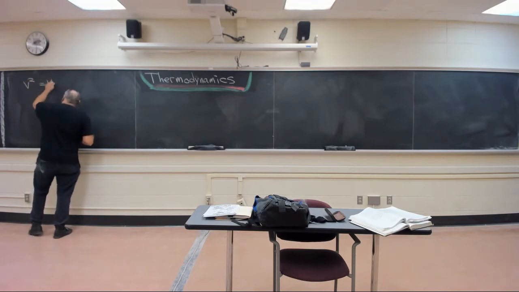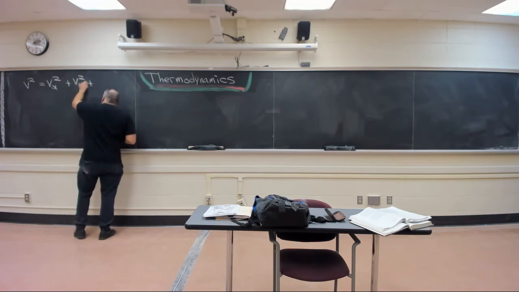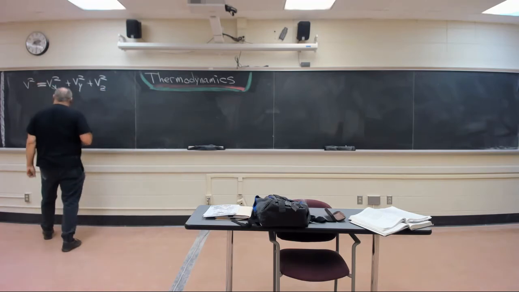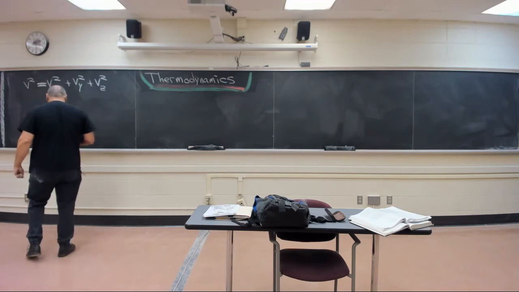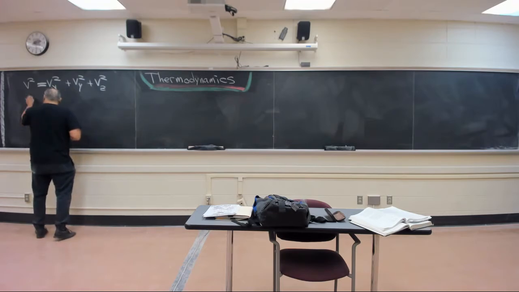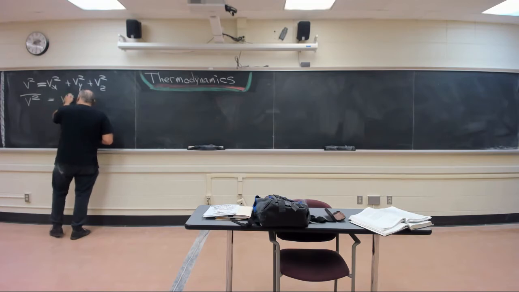For any given particle, the magnitude of the x component of its velocity squared, plus the magnitude of the y component of its velocity squared, plus the magnitude of the z component of its velocity squared, gives you the square of the total magnitude of its velocity. On average, the average velocity, just put a bar on each one of these guys, if you allow me to do that.